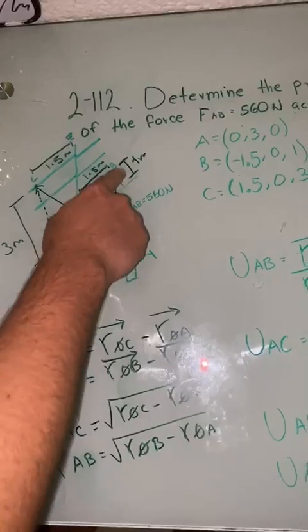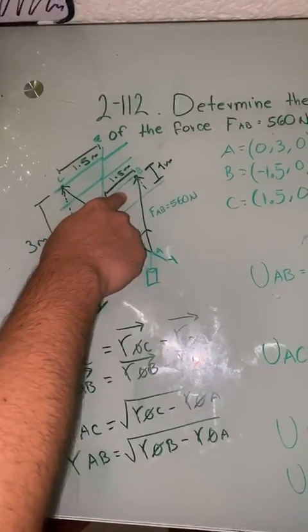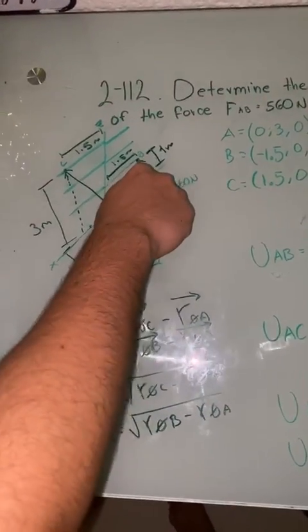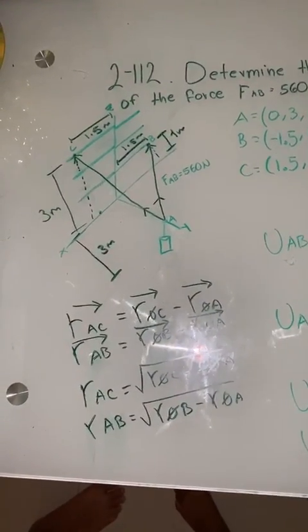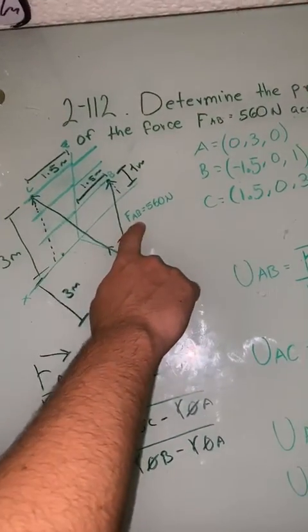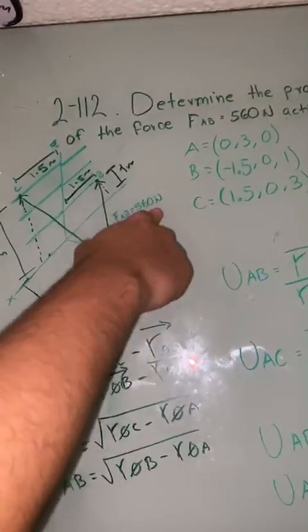The point B, with respect to the axis Z, is 1.5 meters, and with respect to the axis X is 1 meter. The force AB is equal to 560 newtons.